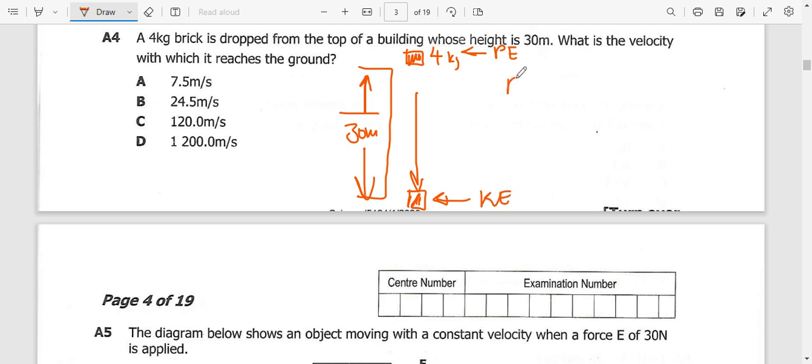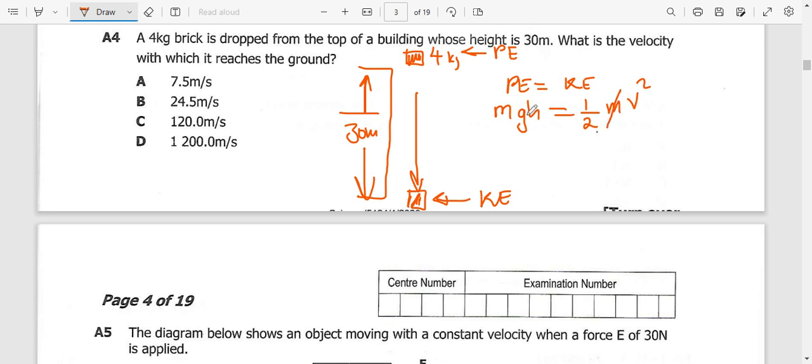So potential energy on top is equal to kinetic energy down. Do you know the formula for potential energy? Potential energy is given by mass times gravity times height, and kinetic energy is given by half mass times velocity squared.